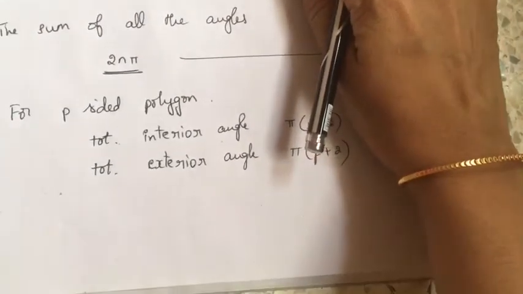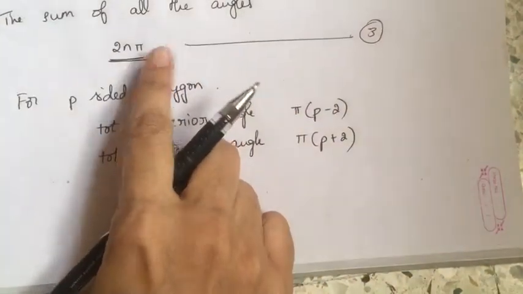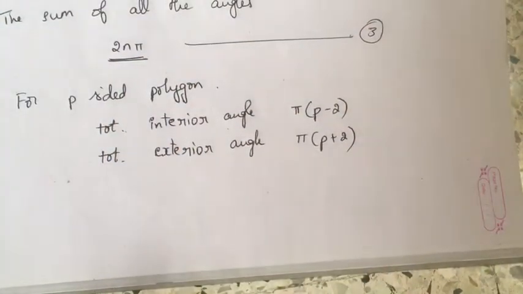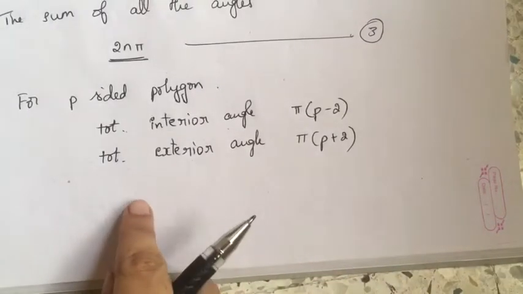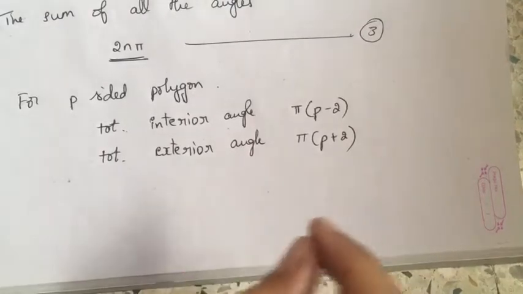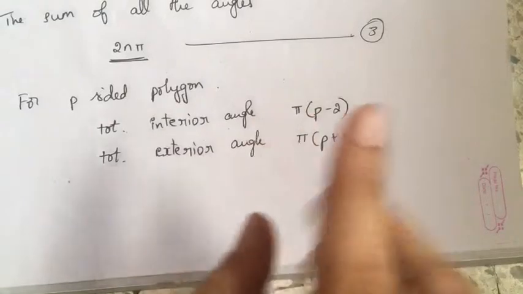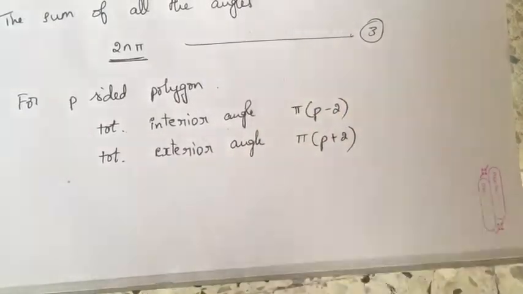So I'm computing this total angle as the sum of all interior angles of f minus 1 regions plus the sum of the exterior angle of one unbounded, one infinite region.